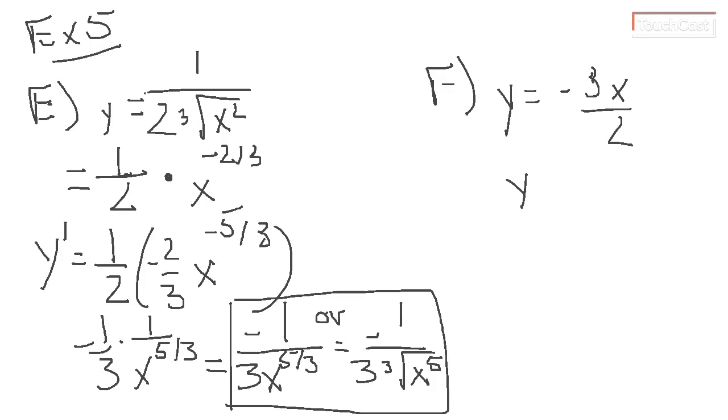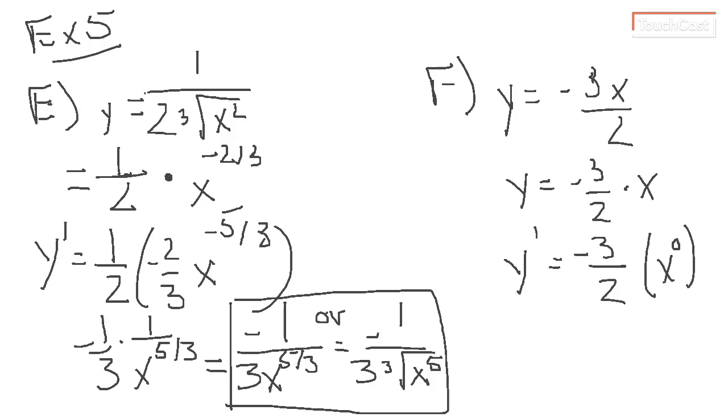Well, this is going to be y equals negative 3/2 times x, and if we find the derivative, we've got negative 3 halves times the derivative of x, which would be 1 times x to the 0, and anything to the 0 is 1. So our derivative is just going to be negative 3 halves.